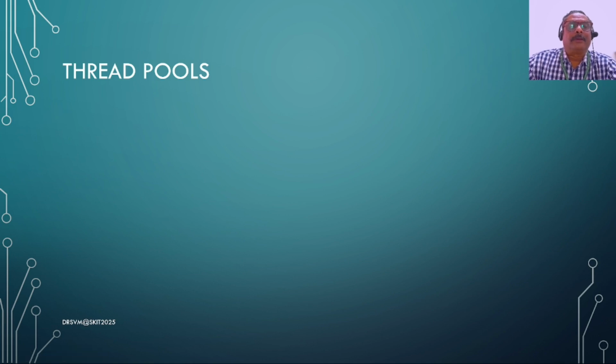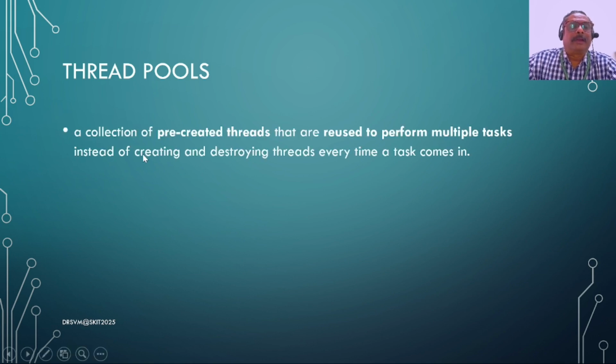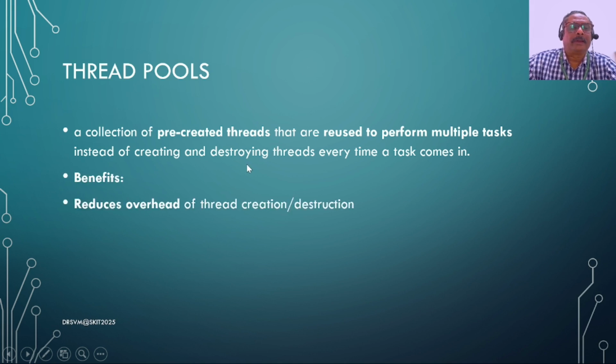Then we have something called thread pools, a collection of pre-created threads that are reused to perform multiple tasks instead of creating and destroying threads every time a task comes in. So that's another issue. Every time we have a task, one thread has to be created, and when that work is over, that thread has to be destroyed. Instead of creating and killing threads, we can keep some threads pre-created and reuse them as and when required.